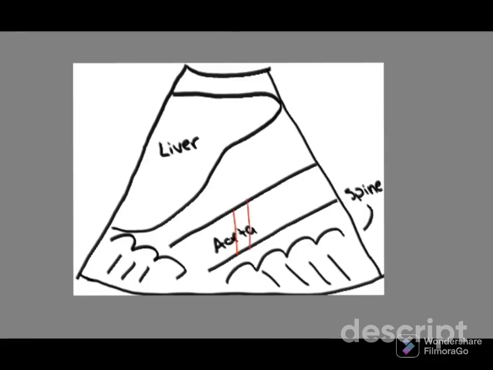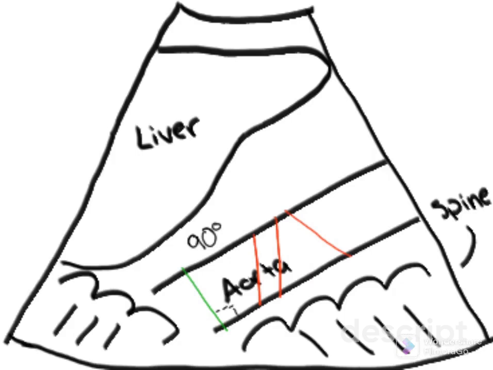When we are taking the sagittal measurements of the aorta, we want to be sure that we are measuring it correctly. So, when the vessel is slanted on the screen like so, we're going to make sure that we are measuring 90 degrees or perpendicular to that aorta vessel wall. Notice the red measurements there.